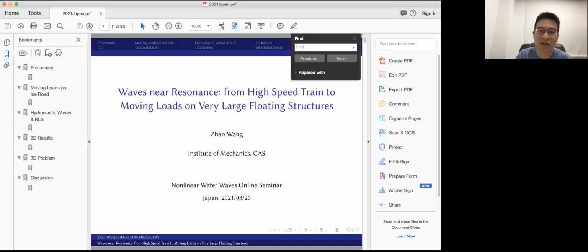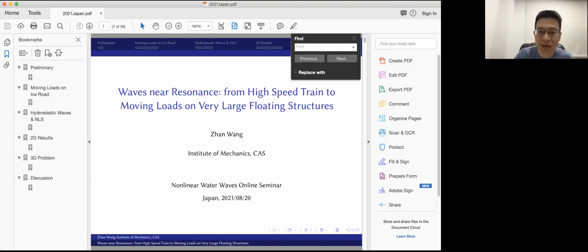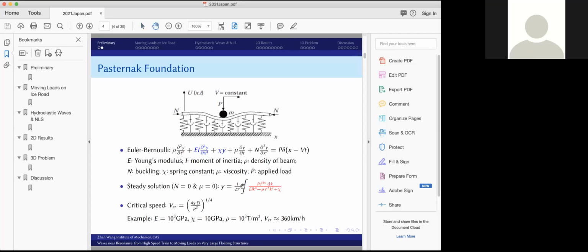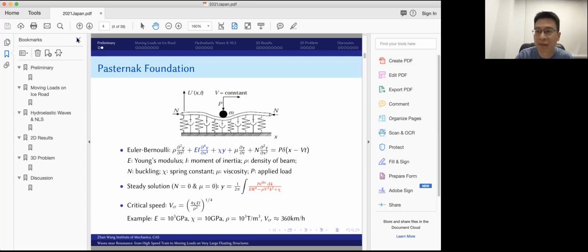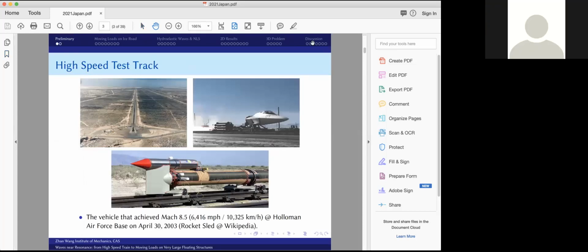Which slide? Your slide is only the first slide. Is it okay? No, I changed the... Now it's changed, but now it's changed. Yeah, so sorry. Yes, now it's working.